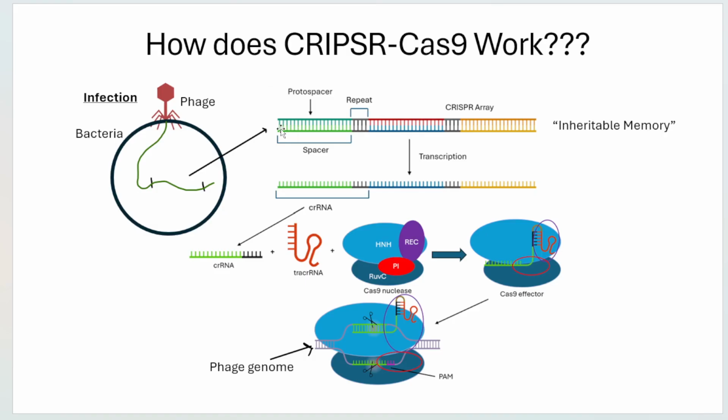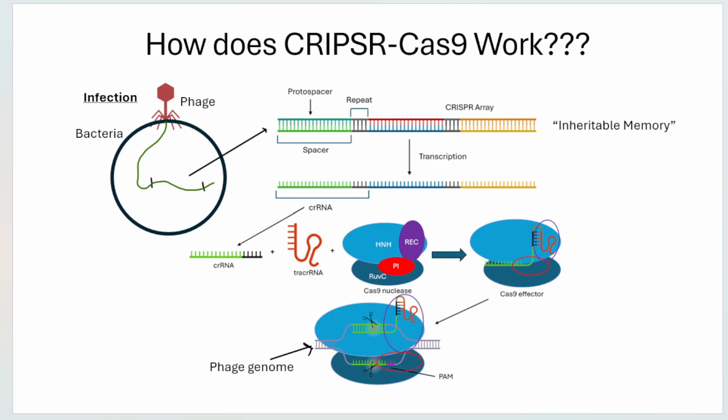In a nutshell, in this CRISPR array, there are 3 memories. From this protospacer, there's the complementary sequence, which is the spacer, and its repeat section, which will be the crRNA. The crRNA binds to the tracrRNA, which is usually unique depending on the bacteria and the CRISPR-Cas system. And this tracrRNA-crRNA binding creates the sgRNA, the single guide RNA.